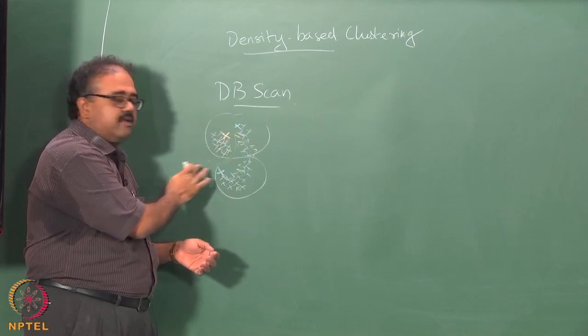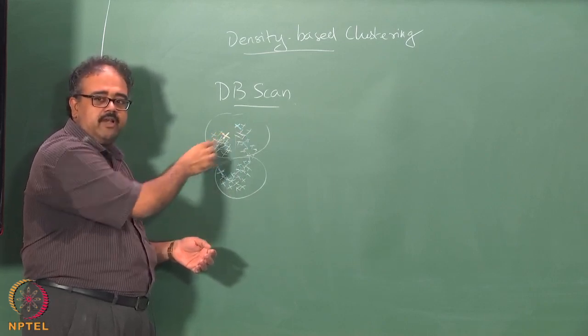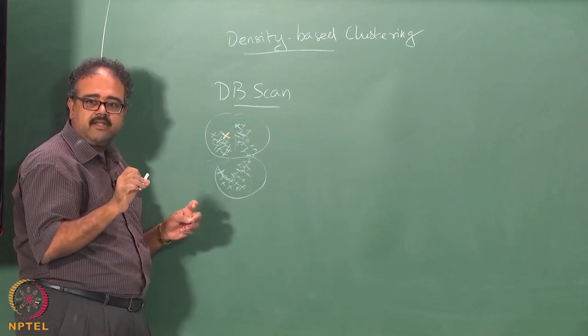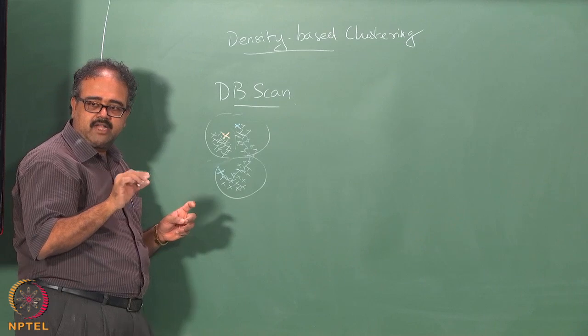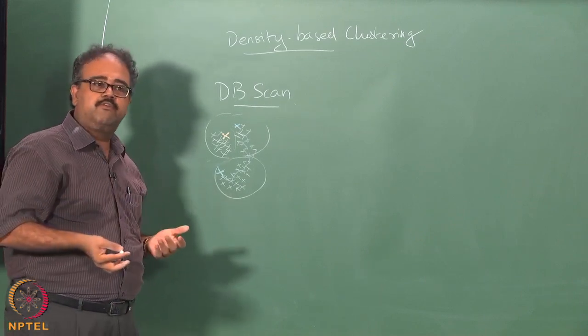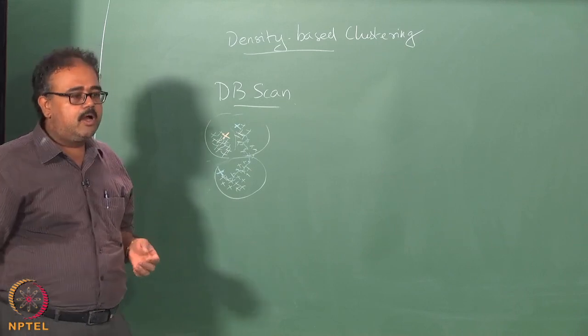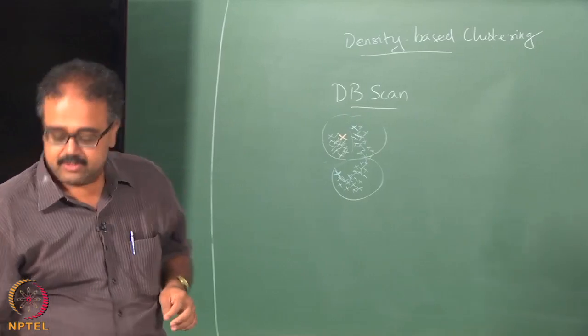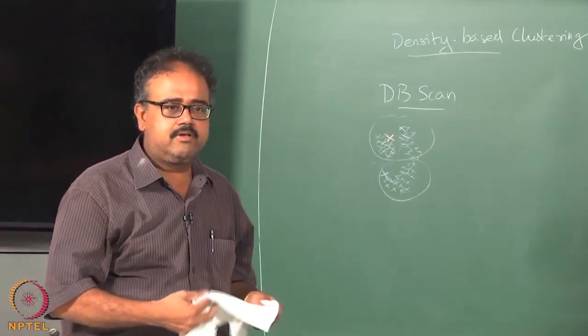There is no way I can get from here to here only by going through dense regions. Is that clear? That is the intuition we are trying to capture. So what should we define first? What I mean by a dense region. That is essentially what we have to define.